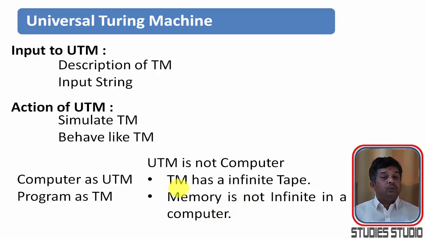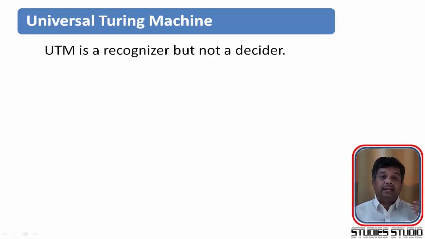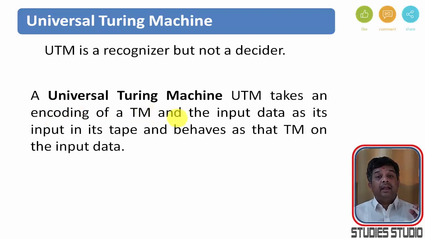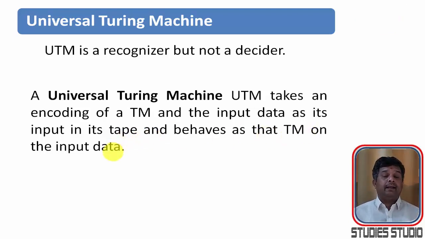So that's why we cannot say a Turing machine is the same as a computer. So basically, a Turing machine is a recognizer but not a decider. The universal Turing machine takes the encoding of the Turing machine and input as its input and behaves as a Turing machine on the input data.